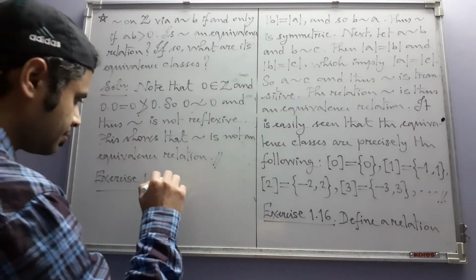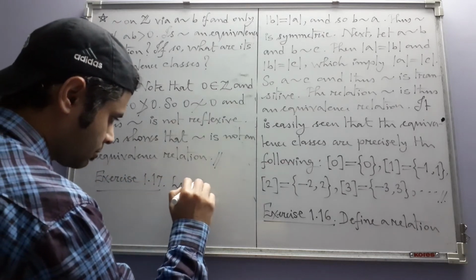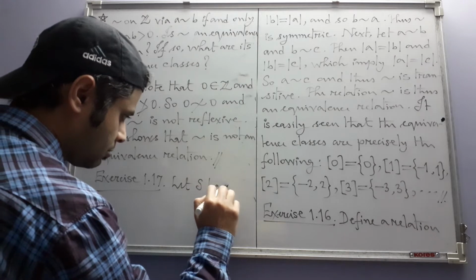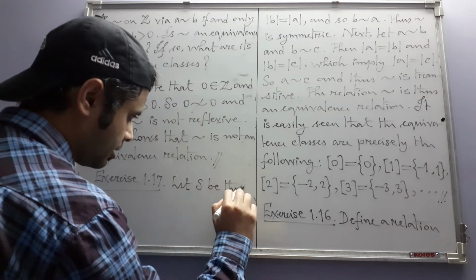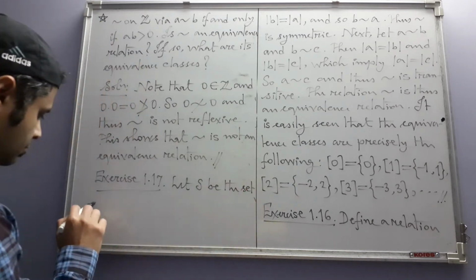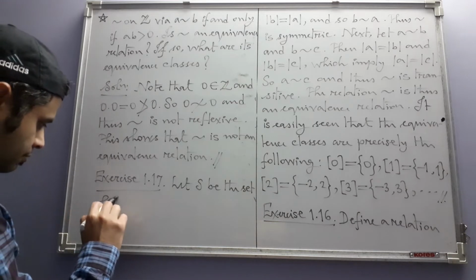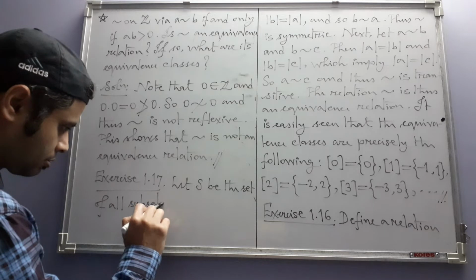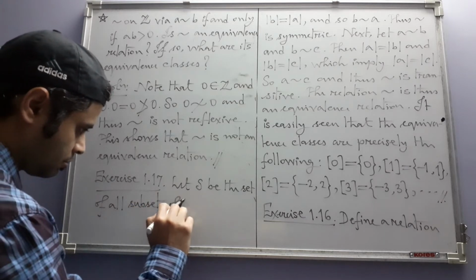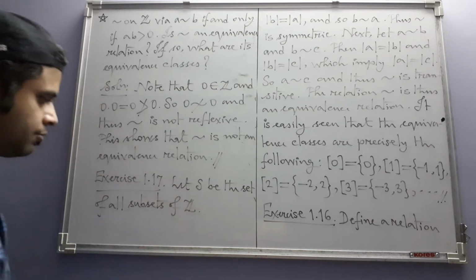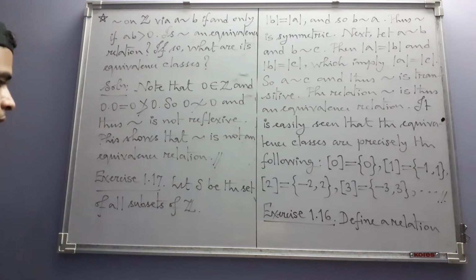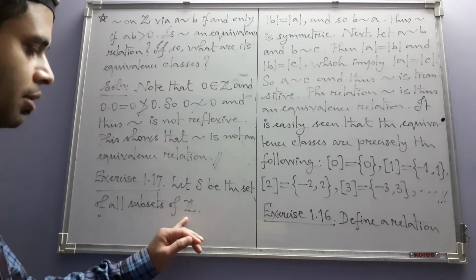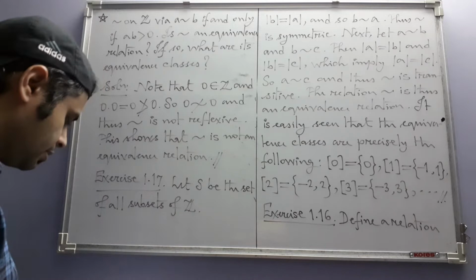Let S be the set of all subsets of the set of integers. In other words, S is the power set of the set of integers.